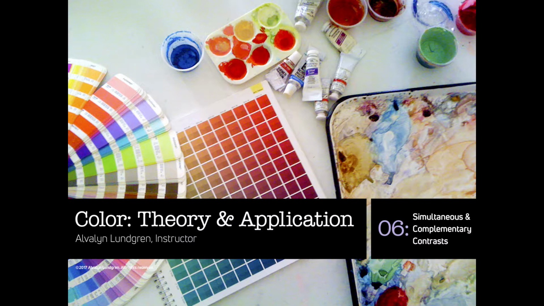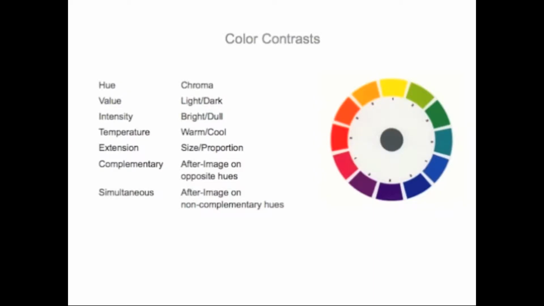We've talked about the 7 color contrasts, beginning with hue contrast, value contrast, intensity, extension, and temperature, and the other 2 are complementary and simultaneous. 6 out of the 7 function concurrently every time you see color.